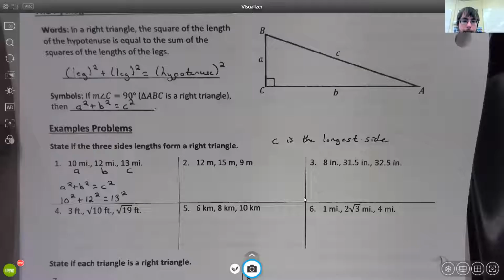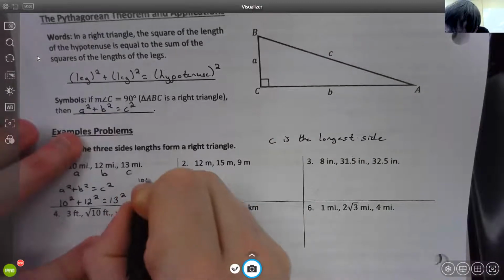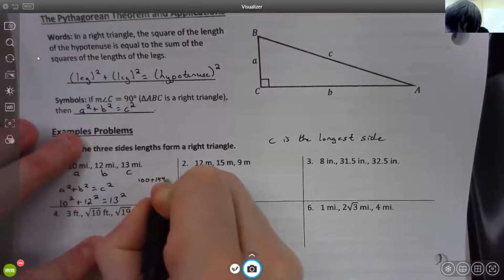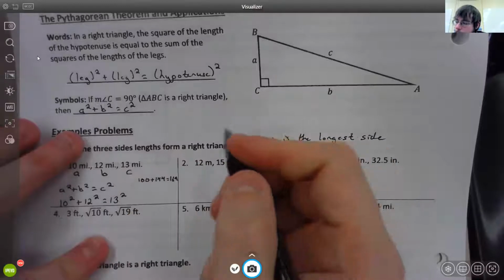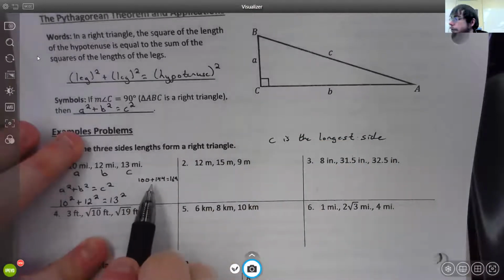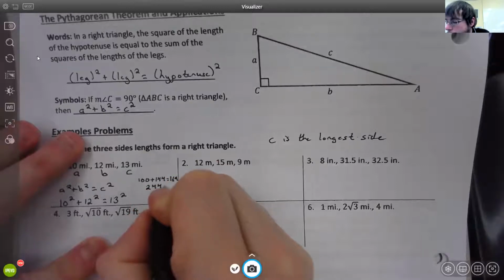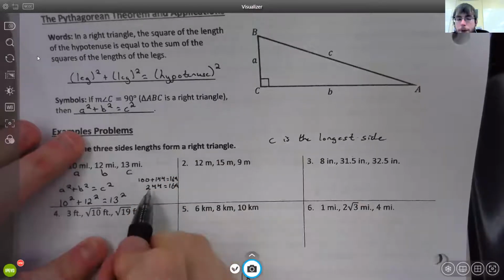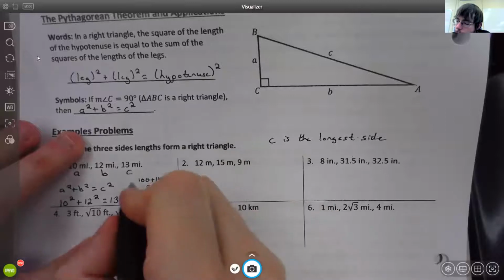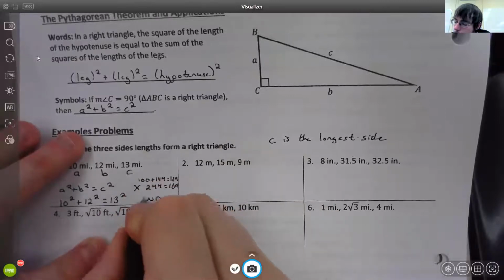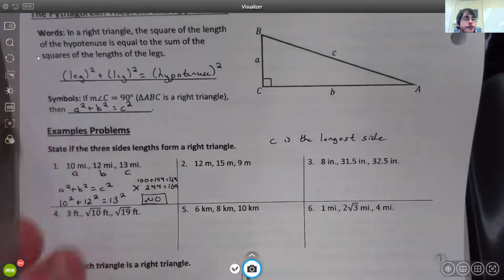So going back and writing those in, you have 100 plus 144 equals 169. If we take 100 and add 144, we get 244. 244 does not equal 169, so this is not a right triangle.